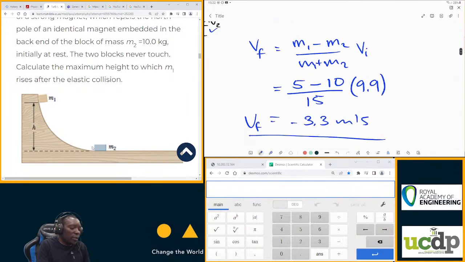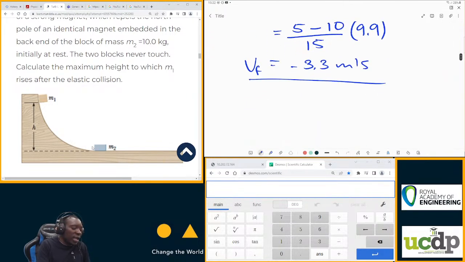And this velocity is what gives us the kinetic energy, which is converted wholly into potential energy when the block reaches maximum height. So half m VF squared is equal to mg times the new height.